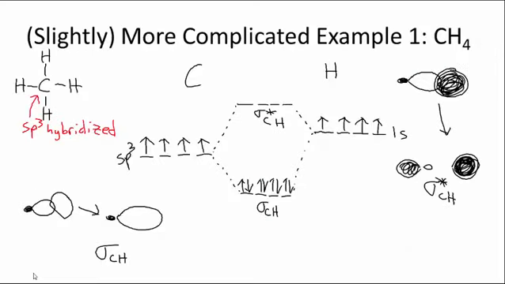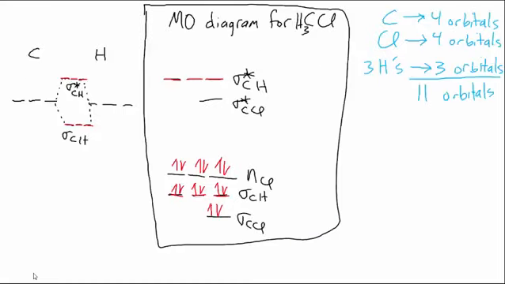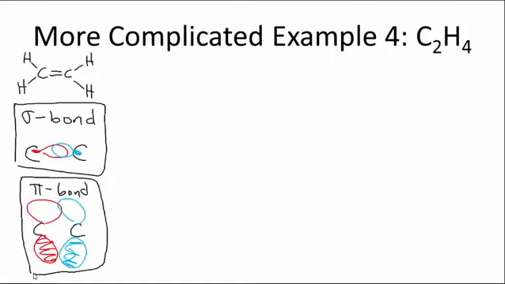When we think about the difference between a sigma and a pi bond, in a sigma bond, there's a lot more overlap, and the overlap occurs directly between the two nuclei. What that means is sigma bonding generally results in more stabilization of the bonding orbital. So the bonding orbital gets more stabilized from where it was originally, and the antibonding orbital gets a lot of destabilization compared to the atomic orbitals. With a pi bond, there's less overlap, so the energy difference isn't going to be as great.